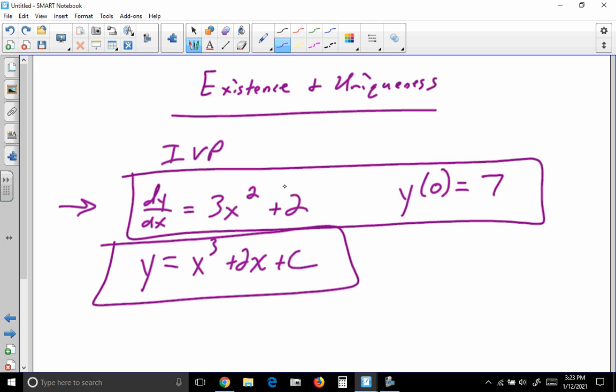When we integrate this, we get one arbitrary constant, so we need one initial value to be able to find c. But if this was a second derivative and we had to integrate twice to get our function, then we would end up with two arbitrary constants, so we would need two initial values. We would need one initial value at the function level, one initial value at the derivative level to find each of those constants.